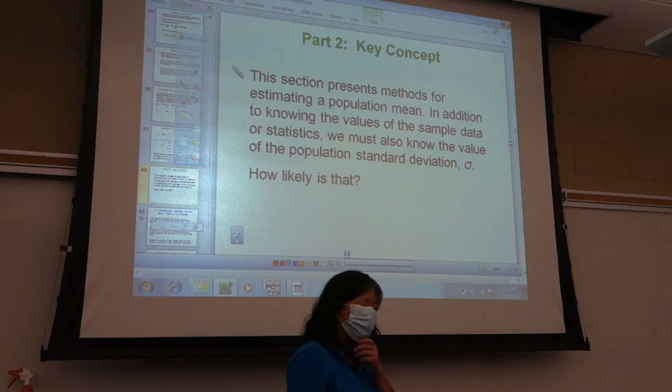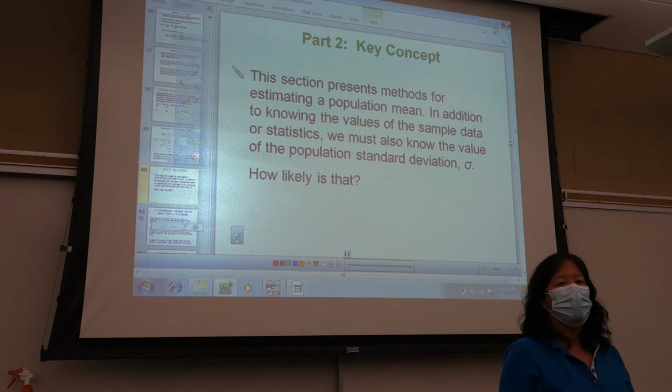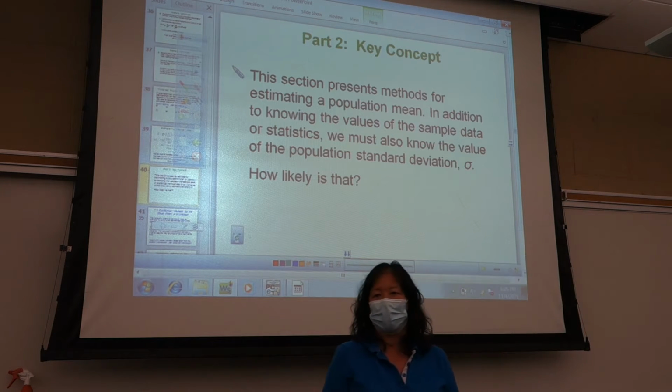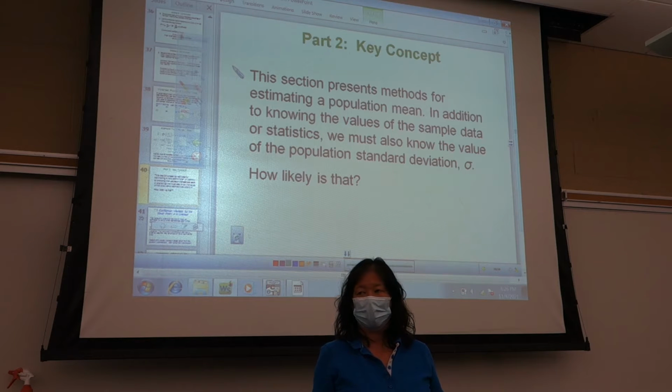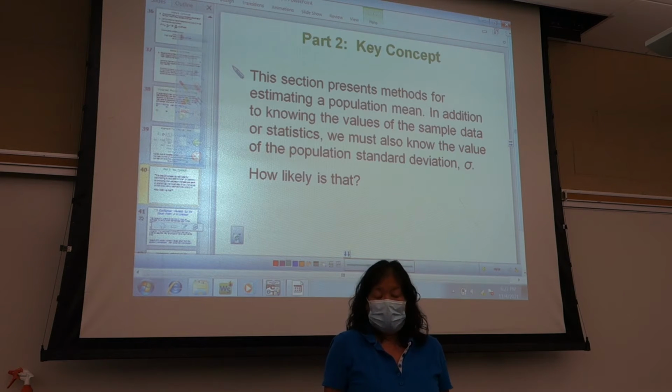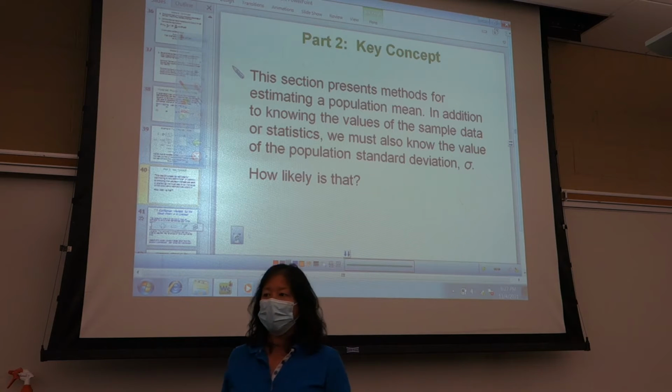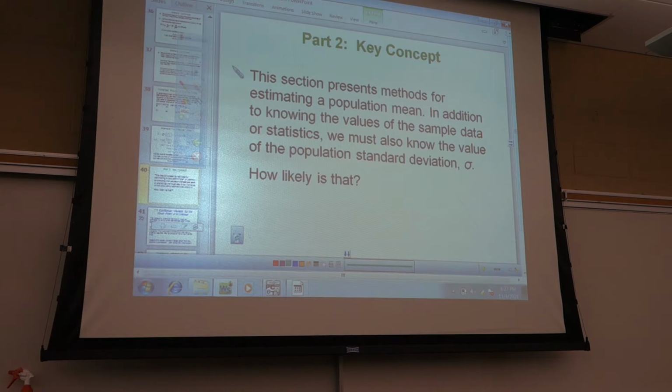How often do you think in real life we do not know the population mean, but we do know the population standard deviation? Very often you use the mean to find the standard deviation. So how can I know one without knowing the other one? In real life, that rarely ever happens.